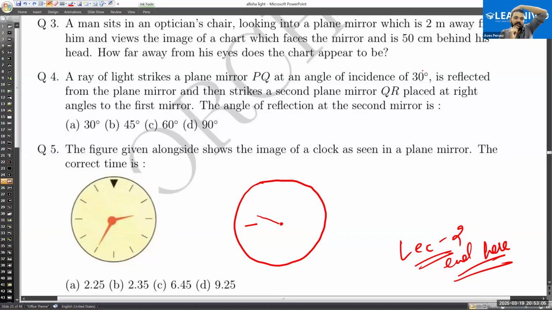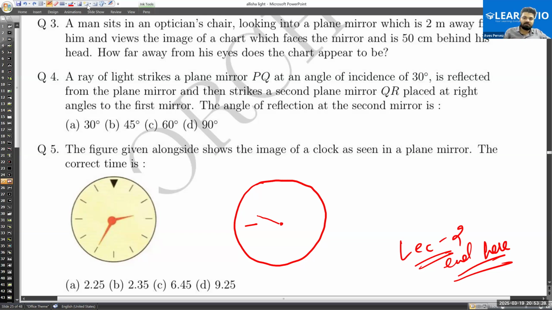You're saying 30 degree. A ray of light strikes a plane mirror PQ at an angle of 30 degree and is reflected from the plane mirror and then strikes the second mirror QR at the right angle to the first mirror. What is the angle of reflection?